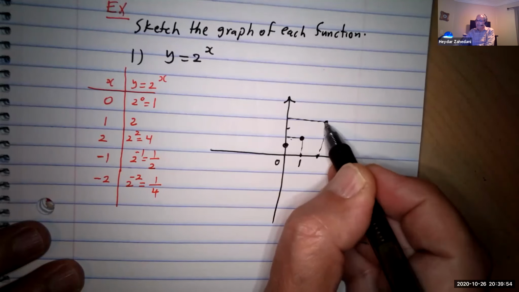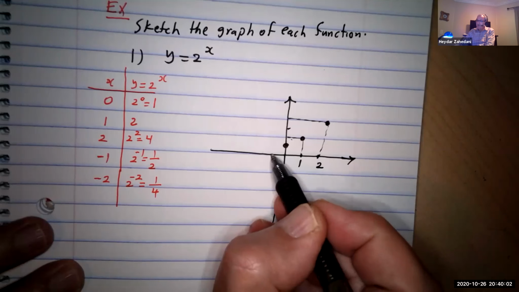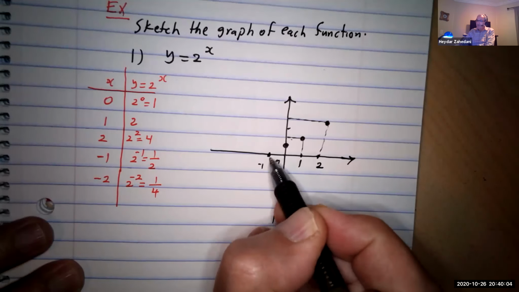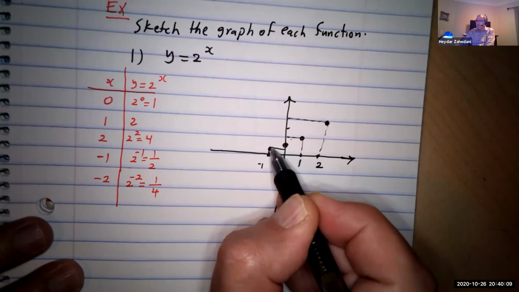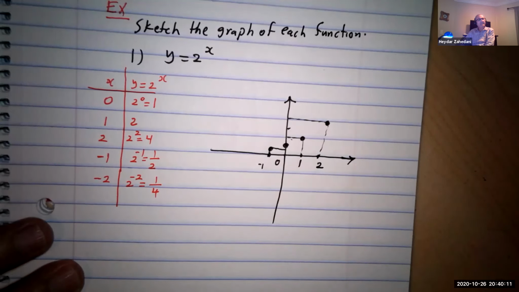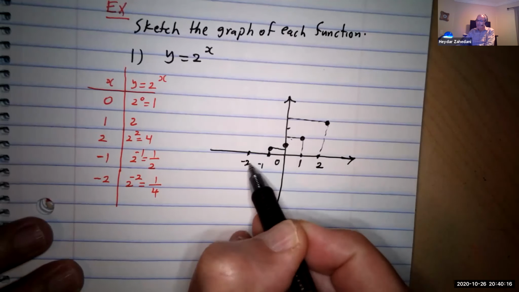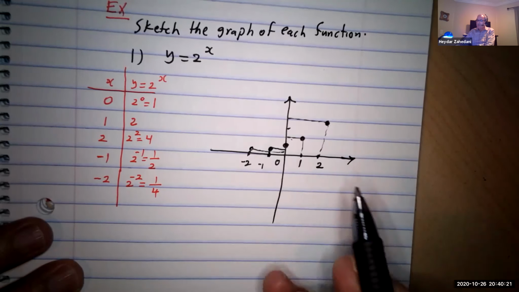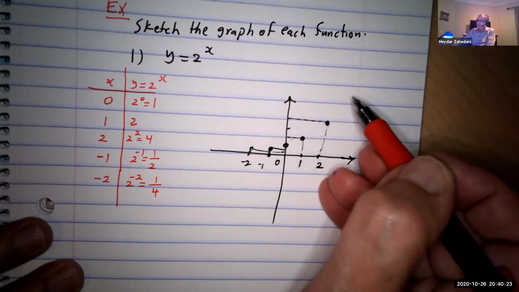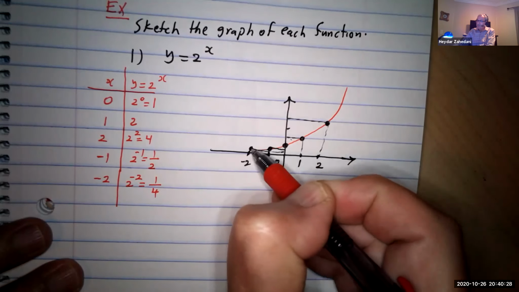So that gives you the next point, and that's a 2. And negative 1 and 1 half, it's a negative 1, 1 half. Then the negative 2, a quarter would be just half of this. Okay, that's it. So if you connect them together, this is going to be the case.